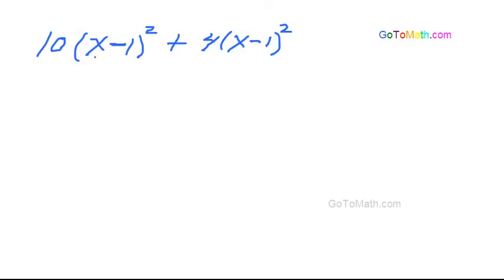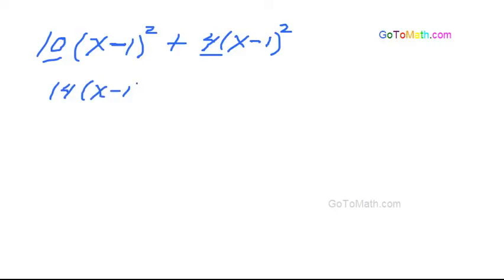Let's take a look. Both of these are really like terms here. We have an x minus 1 quantity squared and x minus 1 quantity squared, except what's different is their coefficients. So all we need to do is add both these terms together. 10 plus 4 is 14.